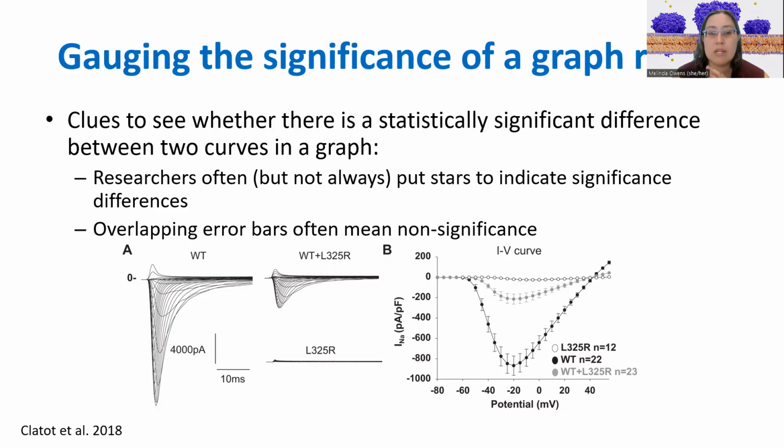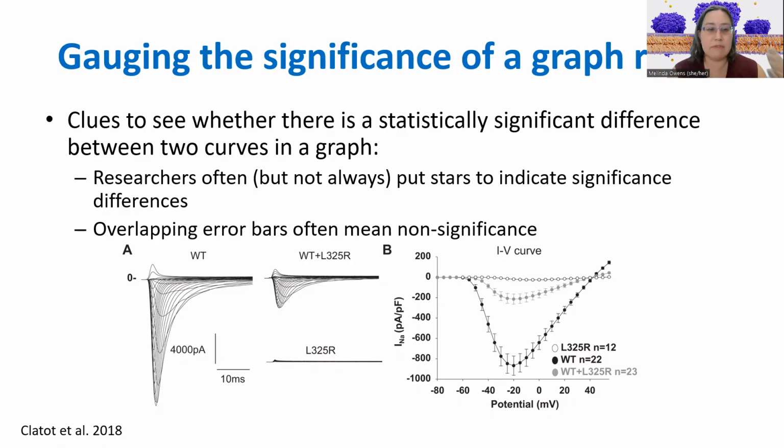One clue is that in many papers, not always, the researchers will put stars at particular time points to indicate significant differences. So there might be stars here, here, and here to show that these are different from the wild type. These researchers chose not to do that for this particular figure. That is an okay choice. But if you see them, that's a step up, that it is significant.